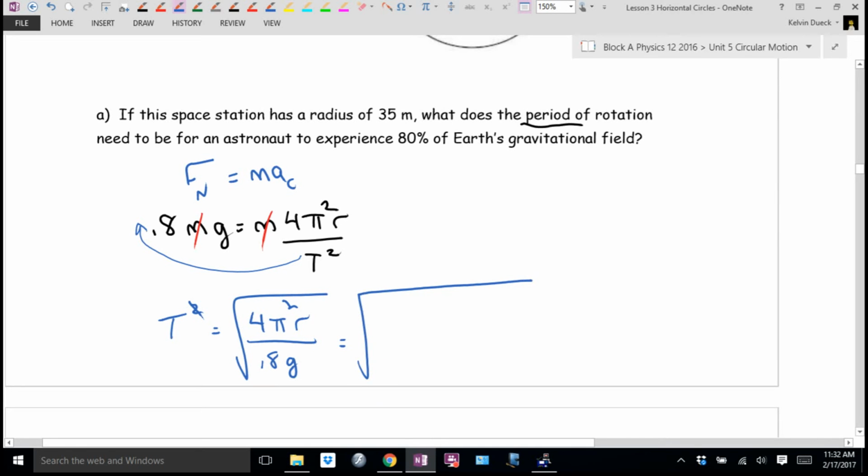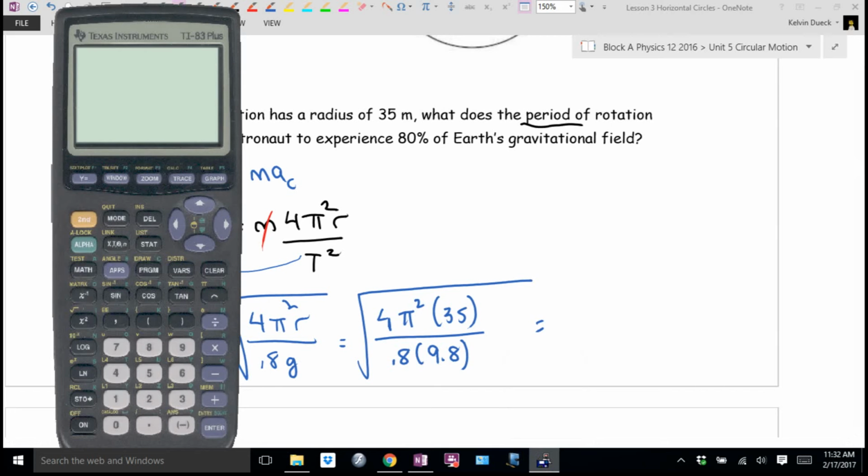So I want this space station to rotate every how many seconds? 4 pi squared 35 divided by 80% of that 9.8. Again, I strongly encourage you, Robbie, to be typing these into your calculator.